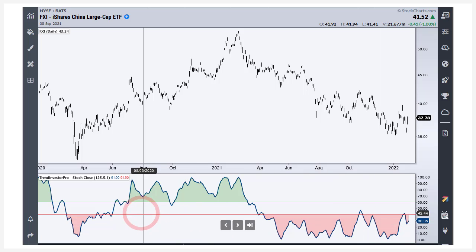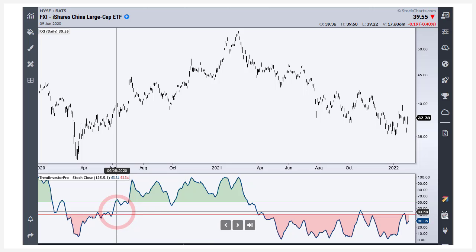And if we go back to June here, if you look at early June, you can see StochClose is in the low 60s. And so if you had an uptrend signal in FXI and QQQ, clearly QQQ would have been the winner because its StochClose was in the 90s, whereas FXI has a StochClose in the 63 area. So it was not as strong.